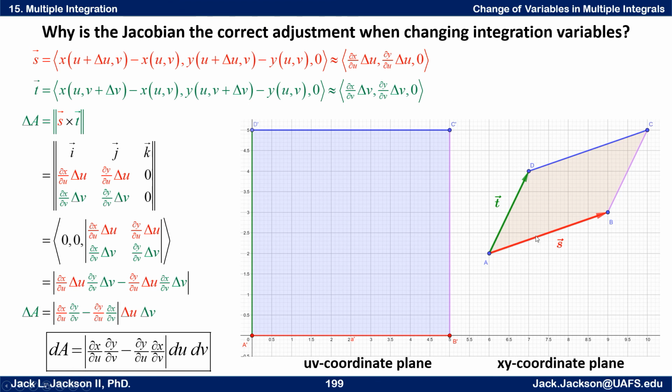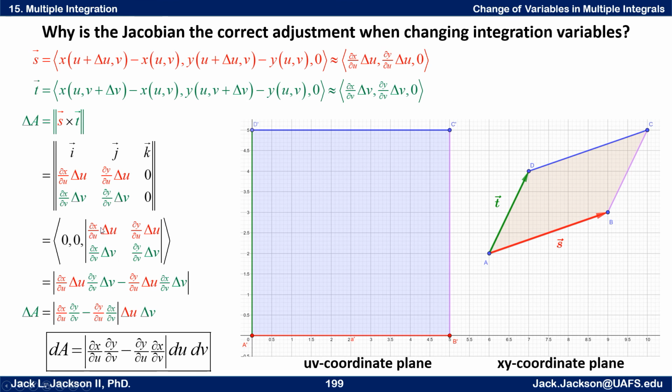So the cross product is going to be pointing straight up out of the plane towards the viewer, perpendicular to the xy plane. So it's just going to have a positive k component.